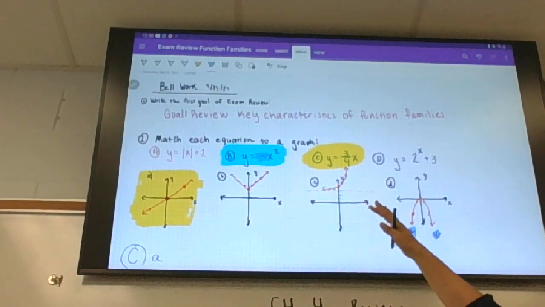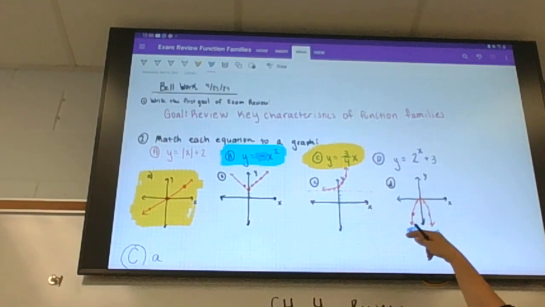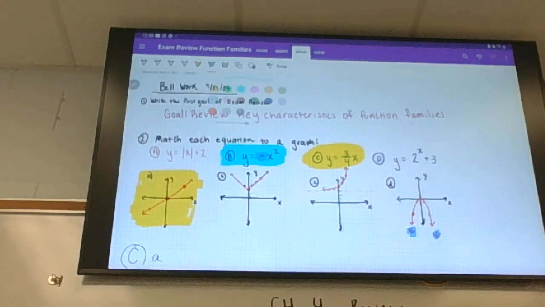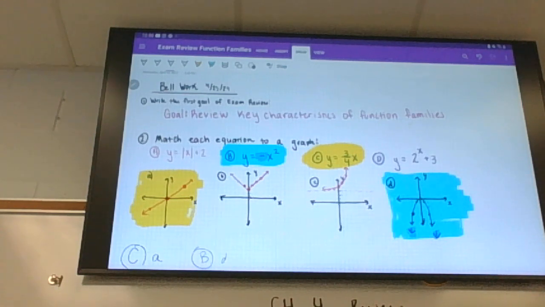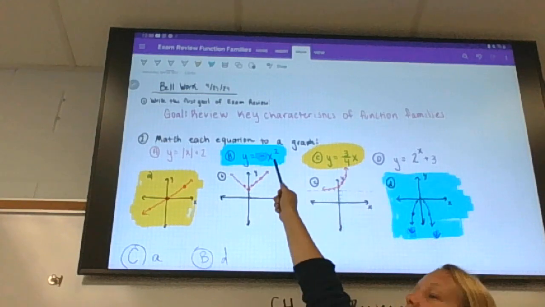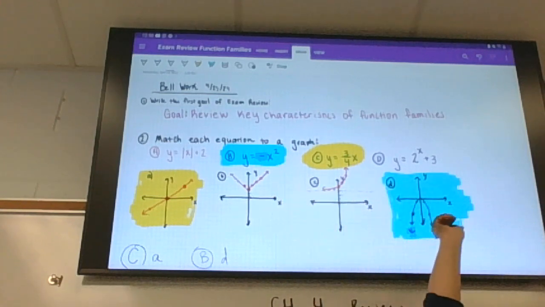Okay, it's negative x squared, and this is pointing down negative. So he's right. Capital B matches with graph D. I thought the giveaway was that it's a parabola. It's a U shape, and this is x squared. X squared makes parabolas, right?